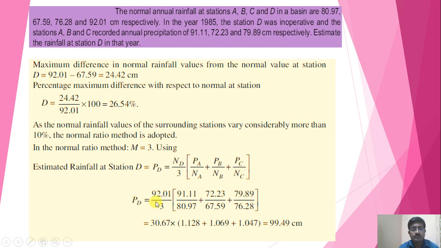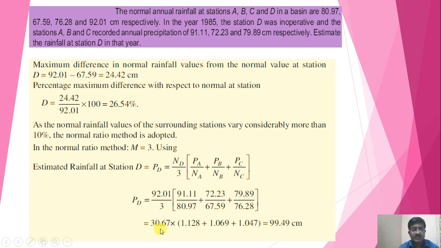So PD is equal to 92.01 divided by 3, in bracket, 91.11, the value obtained in 1985, divided by 80.97, then 72.23 divided by 67.59, and 79.89 divided by 76.28, bracket complete.